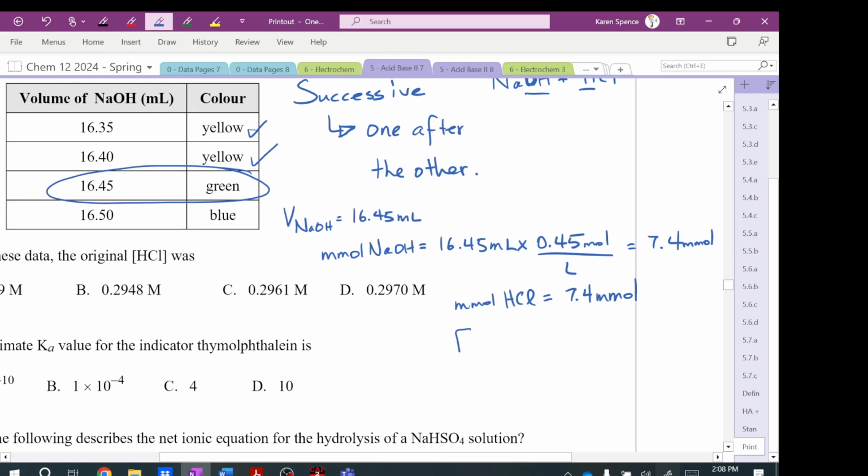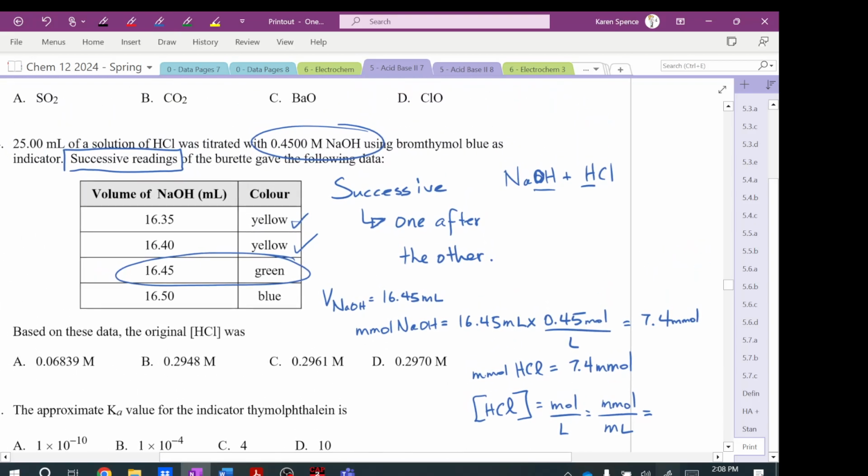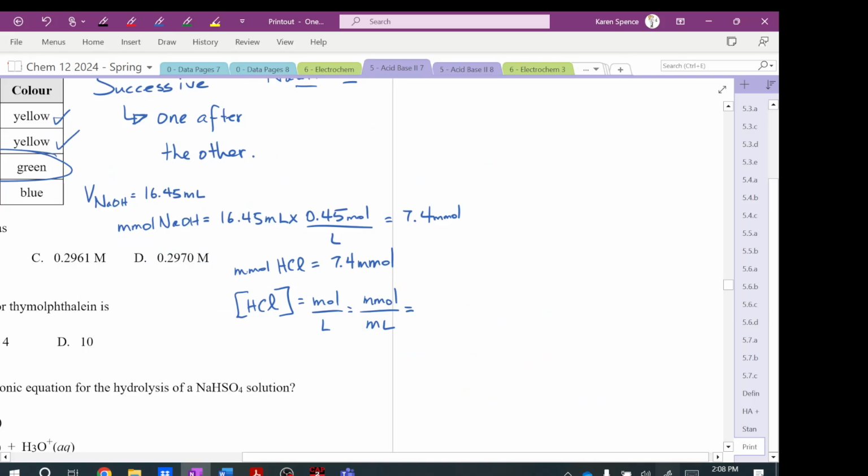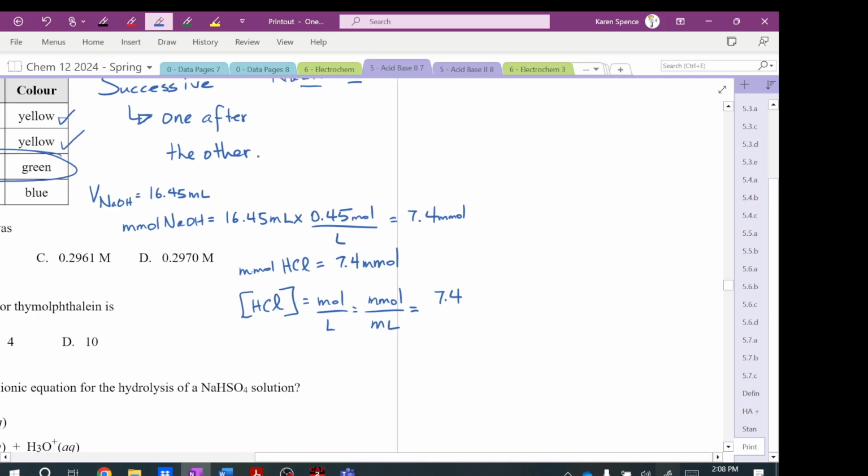The concentration of the HCl is the moles divided by the liters, but we have millimoles, so we will need to divide by milliliters. So milliliters of HCl is 25, so we have 7.4 millimoles divided by 25 milliliters, 0.2961.